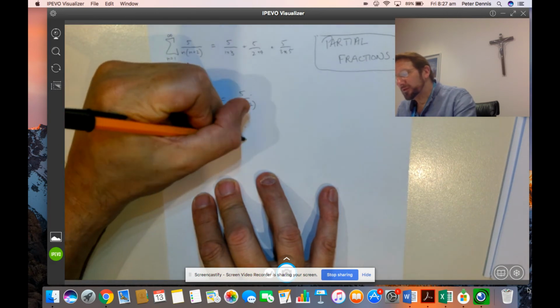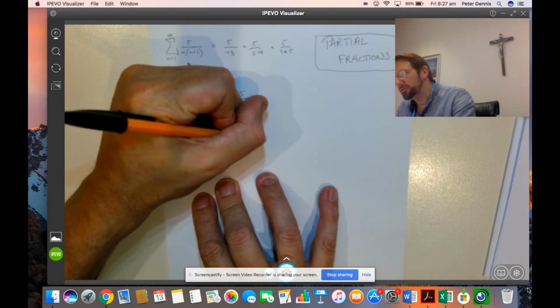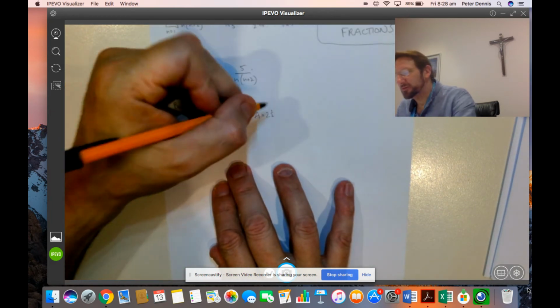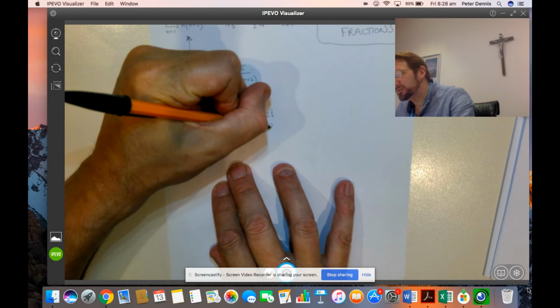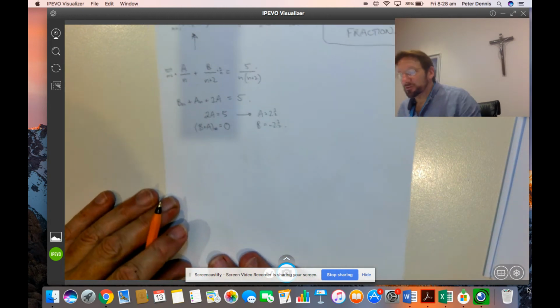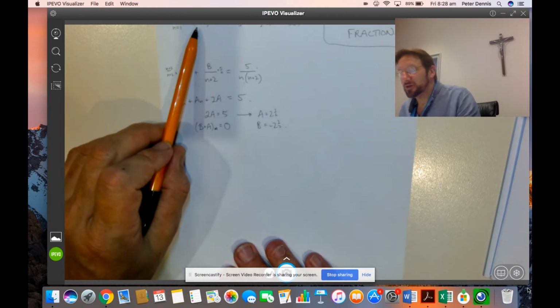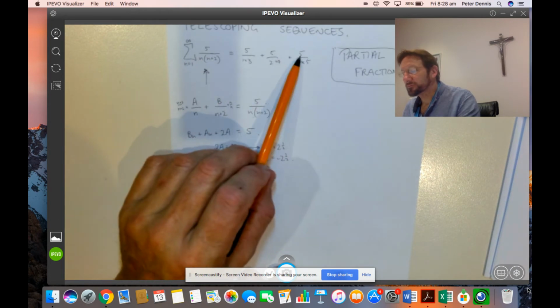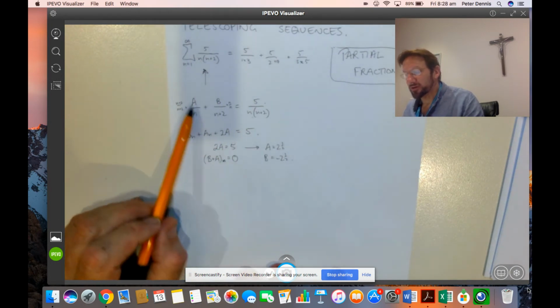What does that tell us? That tells us that a equals 2.5, and if a equals 2.5, b must be equal to minus 2.5. So instead of writing this series out like this, we're going to write it like this.